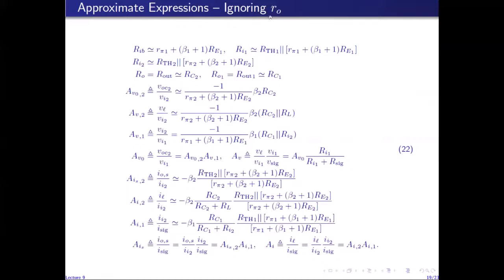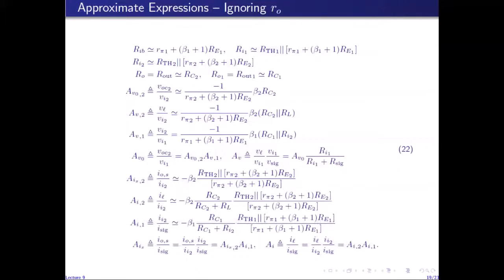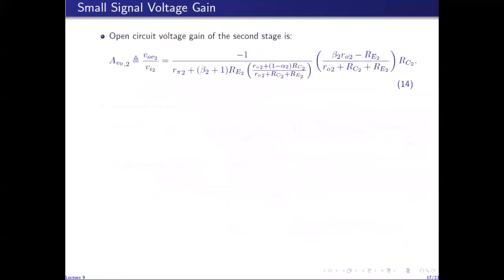So here again, if we ignore r0, that is, if we ignore small r01 and small r02, then we can obtain this set of approximate and more commonly found expressions for the capacitive coupled two-stage amplifier. I leave this as an exercise for you to derive these results from all of these expressions.